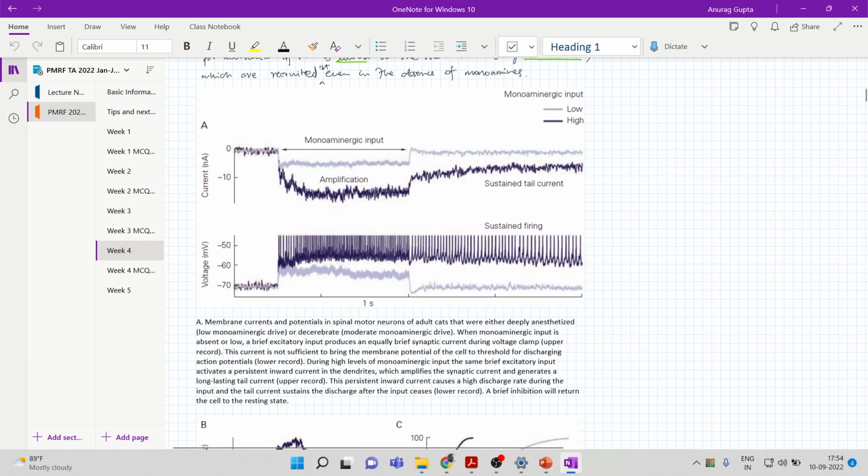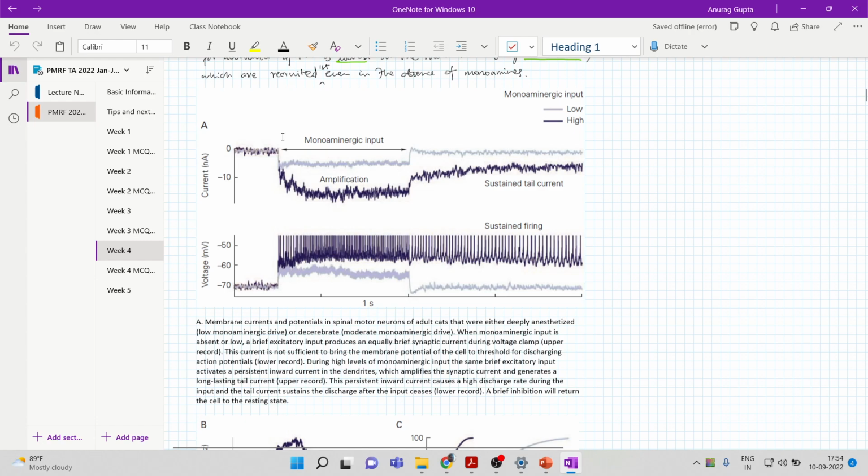Okay. So here's what happens. The diagram on top is the input current, and the diagram below is basically voltage.